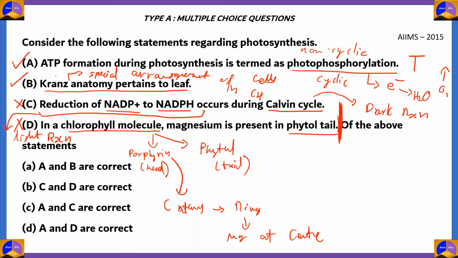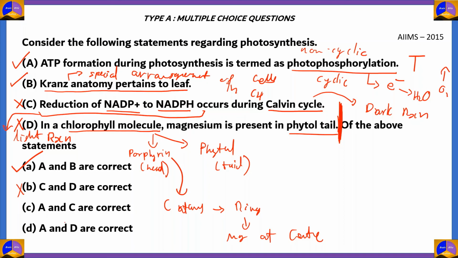So now, after reviewing them analytically, we know that statements A and B are correct. So the option which says that A and B are correct is option A, so that is the right option. Now, option B says that both the incorrect statements are correct, so that is wrong.